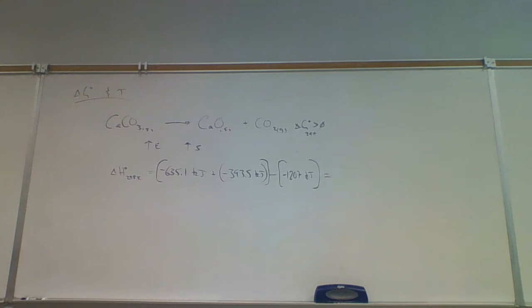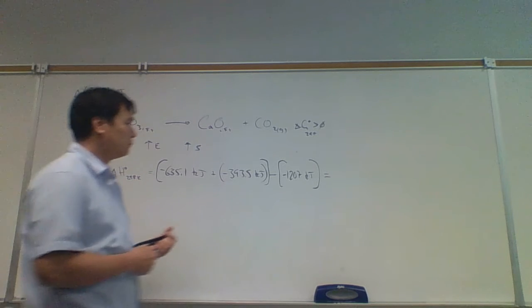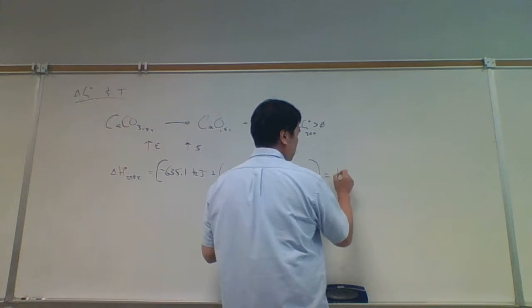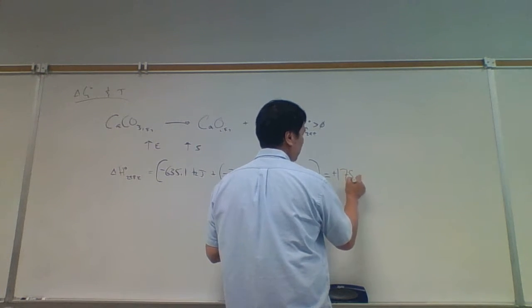So we got 635.1 plus 393.5 minus 1207, so it's going to be plus 178.4.